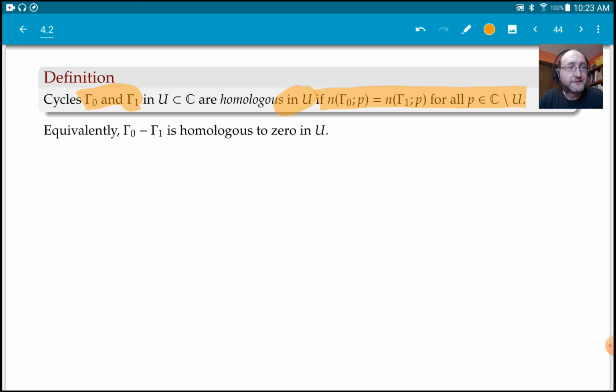So we just define this more generally. It just gives you an equivalence relation on the cycles in U. Another way of stating it is that gamma 0 and gamma 1 are homologous if you subtract them, then you get something homologous to 0.